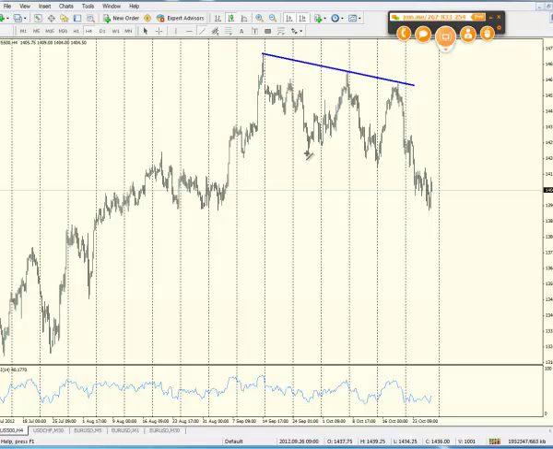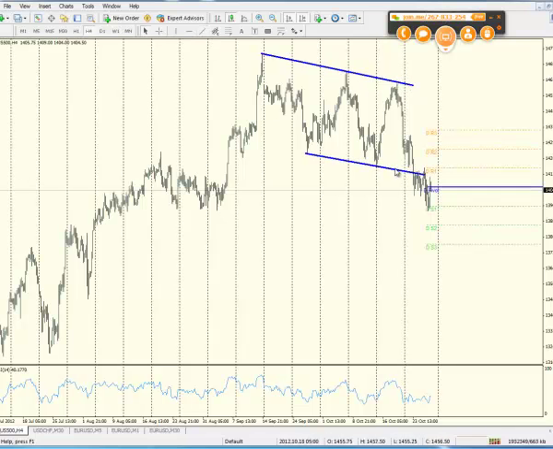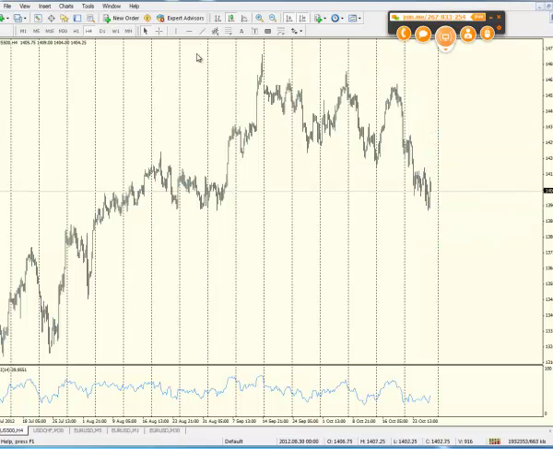A flag looks like this, but the flag broke out of the flag. It's one of these expanding triangles. Usually when you get an expanding triangle, it's getting ready to do something. So this thing may be preparing for another significant leg up, and today's like the first day.